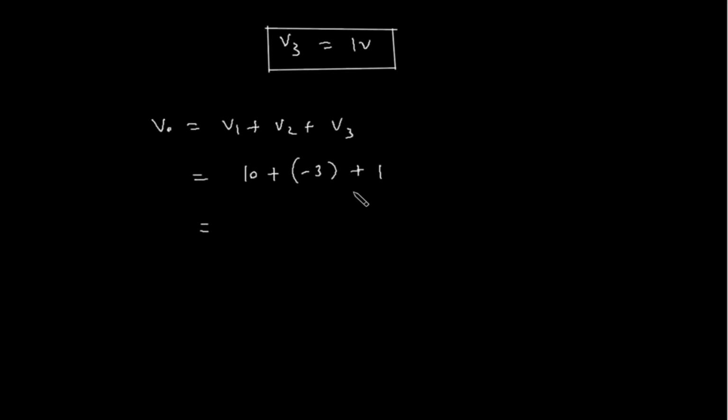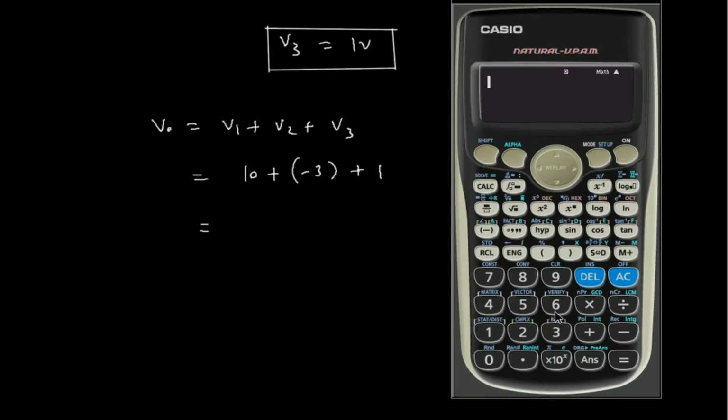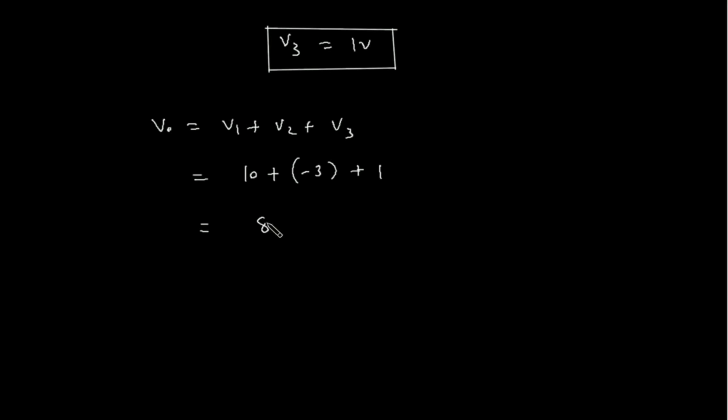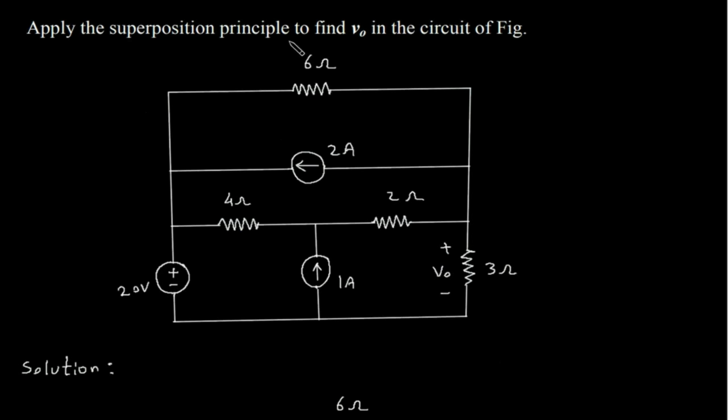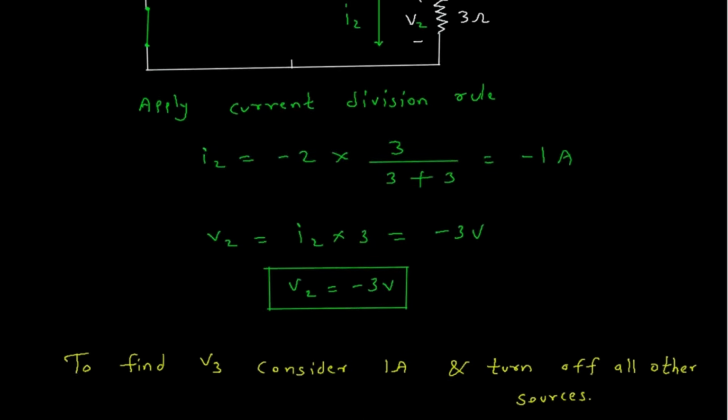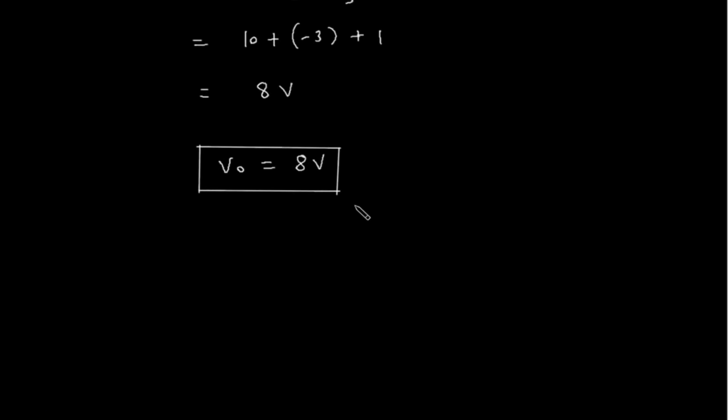So this will be 10 minus 3 plus 1. So this is 8 volt. Therefore, VO is equal to 8 volt. We have to find VO using superposition principle. So this is the value of VO using superposition theorem.